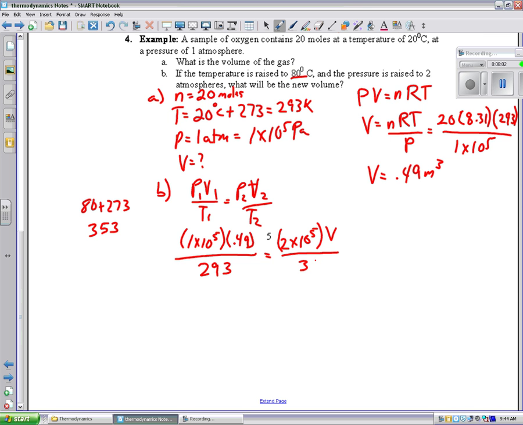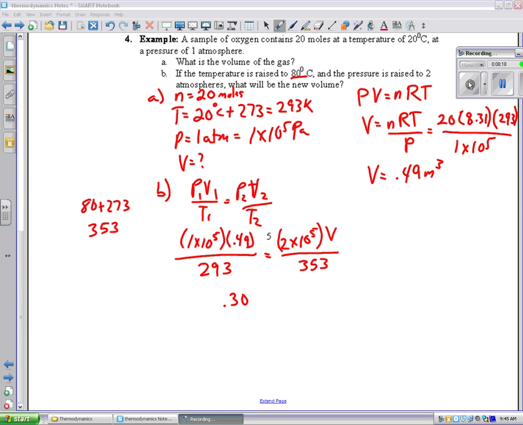So 353. And then I would cross multiply and solve, and I'll get an answer of 0.30 for the new volume.